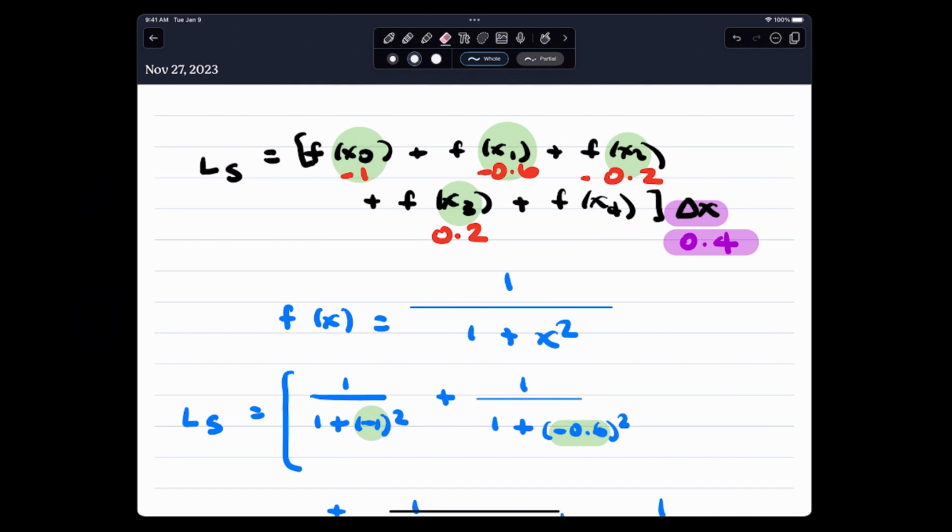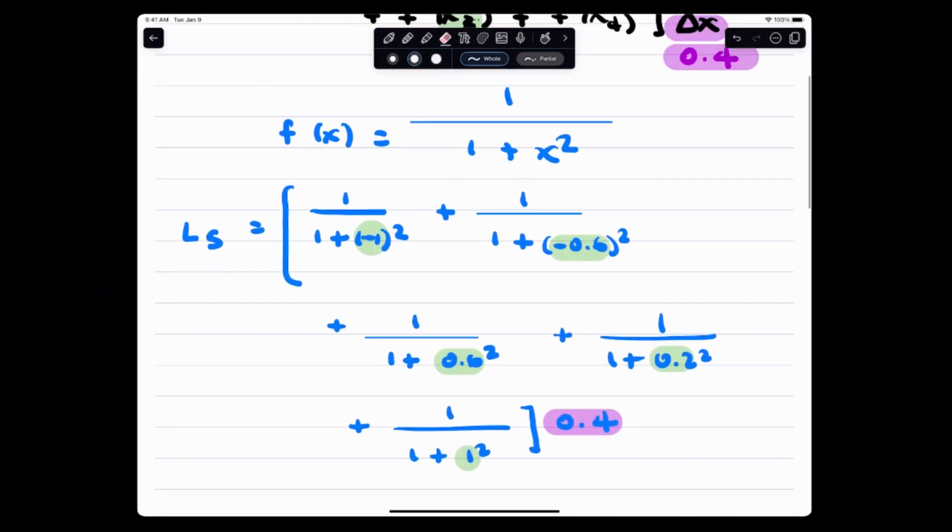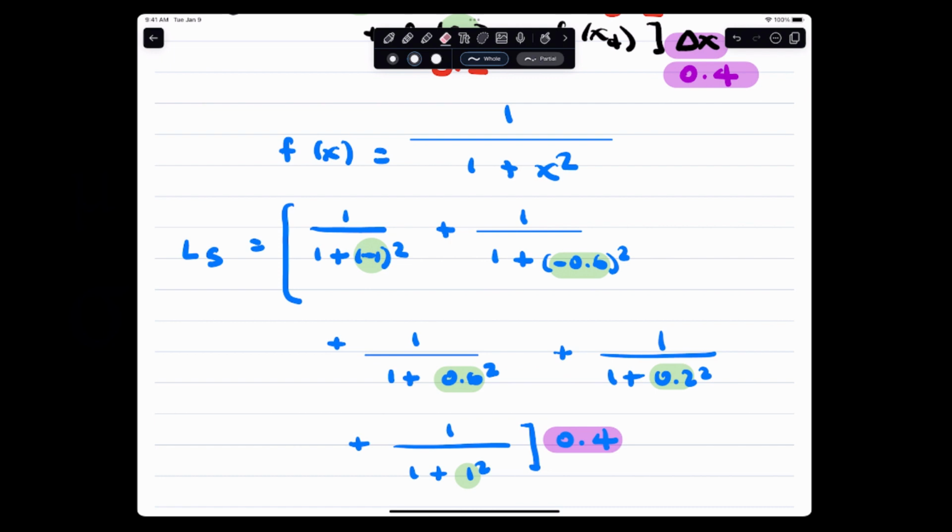Hold on. This should be what? 1. Wait. No. It's correct. It's the last. Hold on. Negative 1.6. This will be negative 0.2. That's what's going on here.